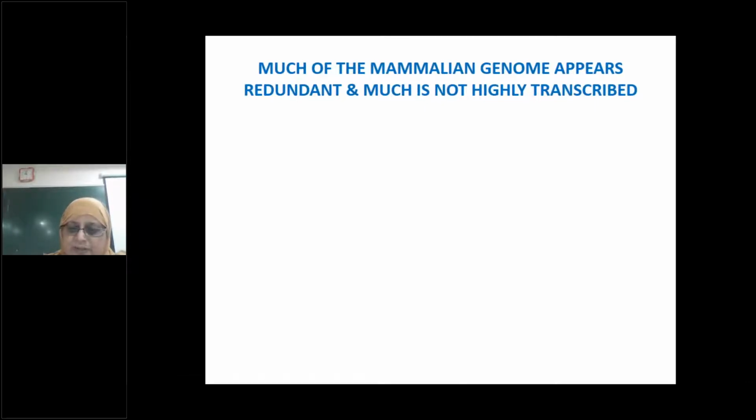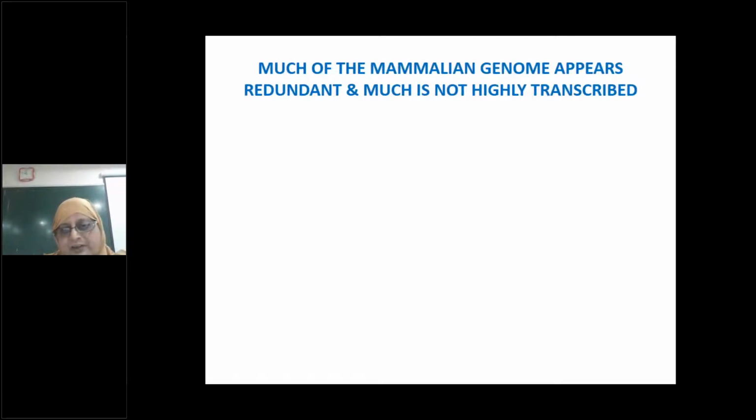So what is a genome? Genome is the complete genetic DNA that is present, the whole DNA present either in an organism, or the complete DNA that is present in an organelle. If, suppose, in the nucleus, the whole of the DNA present in the nucleus will become the genome of the nucleus, the nuclear genome.